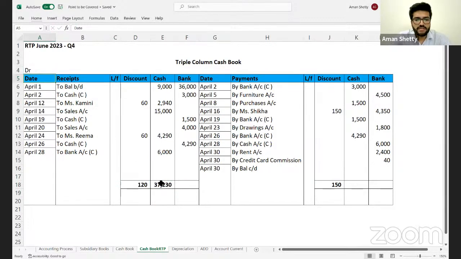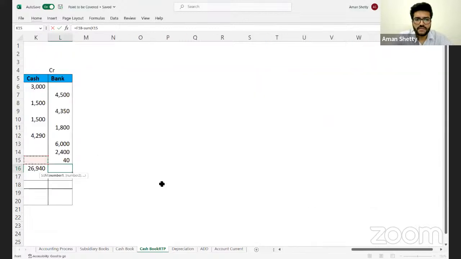Bank column is 48,790. Therefore, balance carried down is, on the credit side of the cash book, 10,000. What is the balance carried down? 26,940, and bank column 29,700.